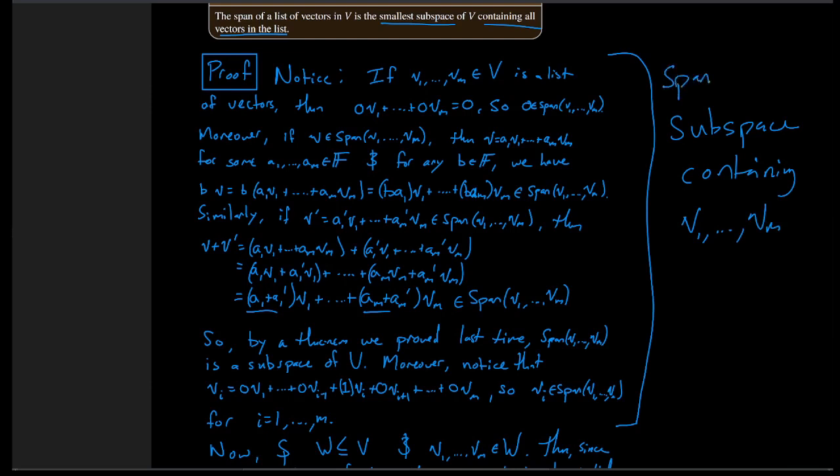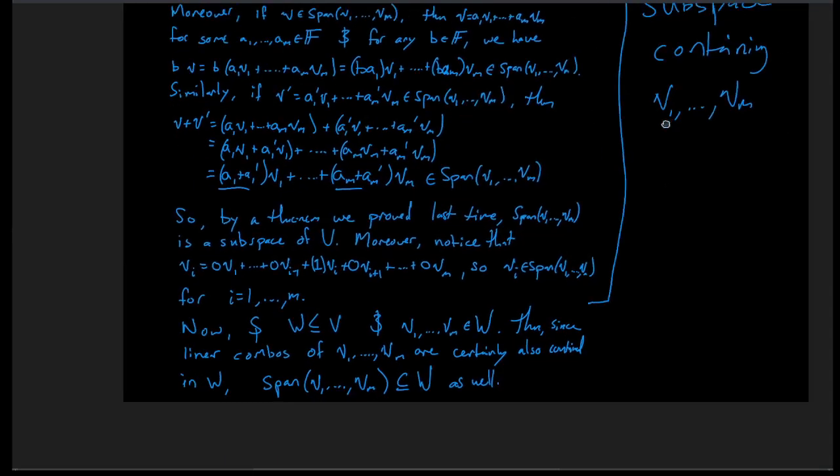This is showing that the span of v1 all the way up through vm is a subspace containing all those guys.